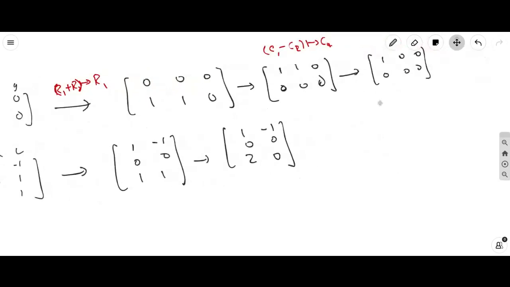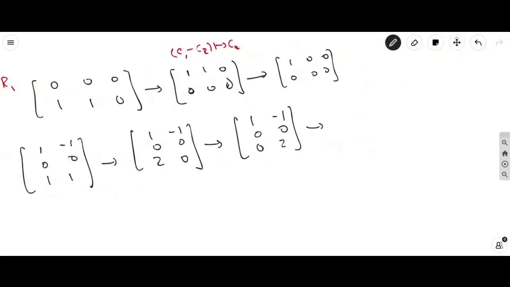Okay, and now you want to get rid of this 2. What we're doing is taking the first row and adding it into the third row, but you do it twice. You multiply this by -2, you add it in, so you would get 0, 2, like this.